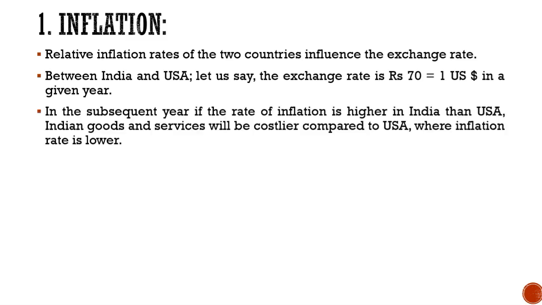In the subsequent year, if the rate of inflation is higher in India than the US, then Indian goods and services will be costlier compared to the US, where the inflation rate is lower. So this is a common phenomenon. If in India the inflation is higher as compared to the US, the goods and services in India will be much costlier as compared to the USA.